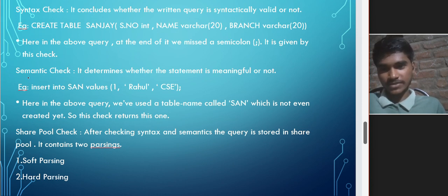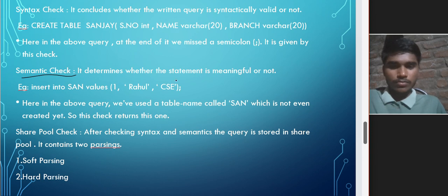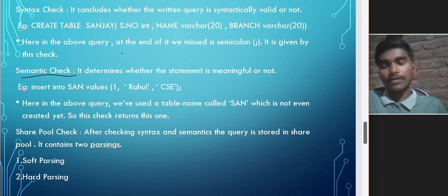Insert into SAN, the table name is SAN. The values to be inserted are 1, which is an integer, Rahul, which is a character, and CSA, which is a character. And it has a perfect syntax. But you see, here we have a table named SAN, so the insertion has to be done in the table called SAN.